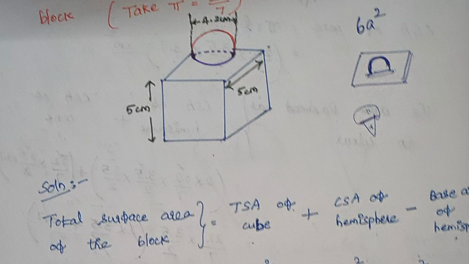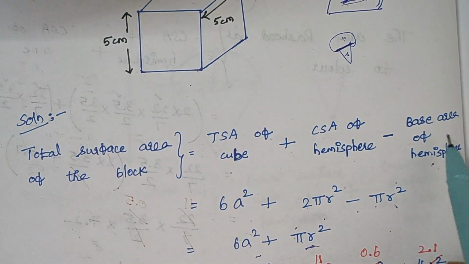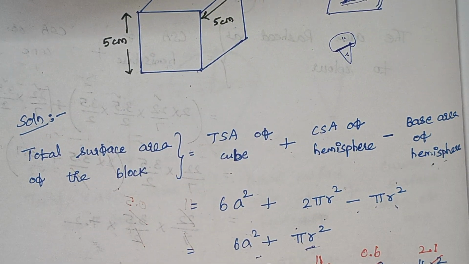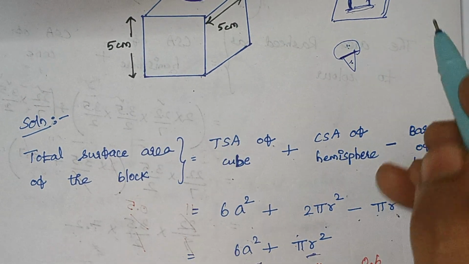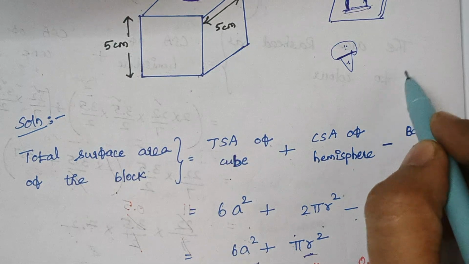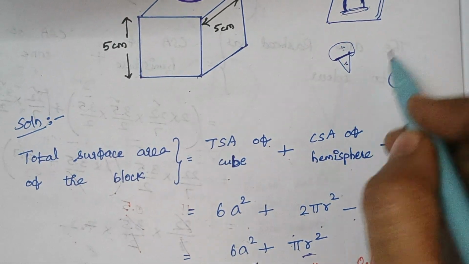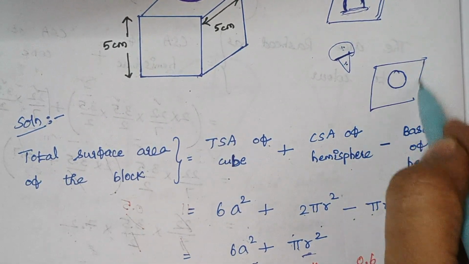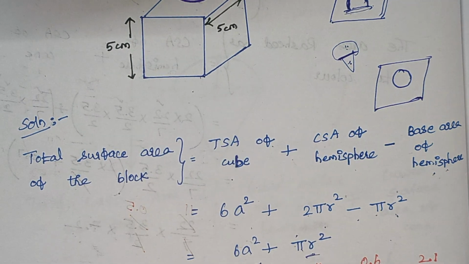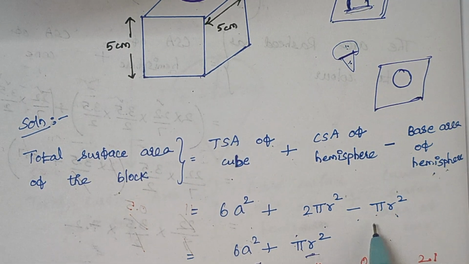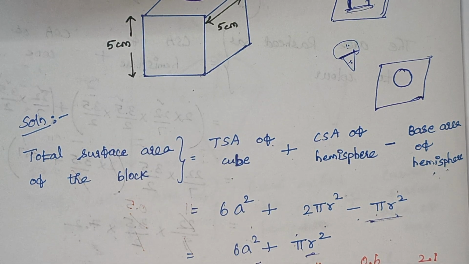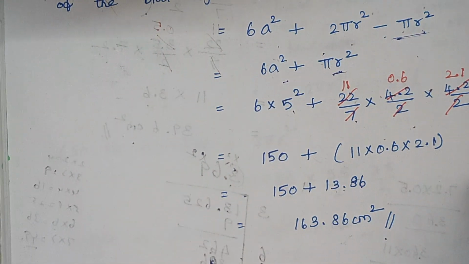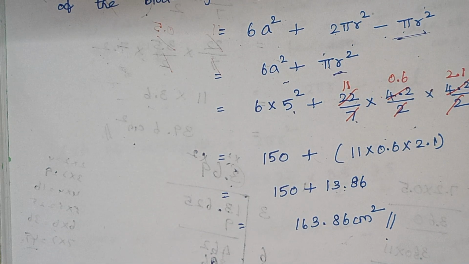So always keep in mind that the base area of the hemisphere is nothing but the area of the circle. Whenever you look from the top, the top view will be like that. So this is your hemisphere and this is your side of the cube, right? That's the reason why we are subtracting the base area of the hemisphere. So finally, we are ending up with the answer as 163.86 centimeters square.